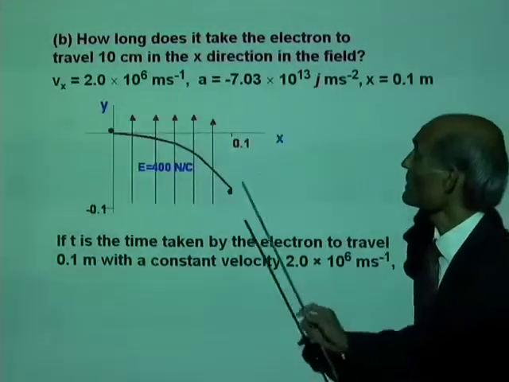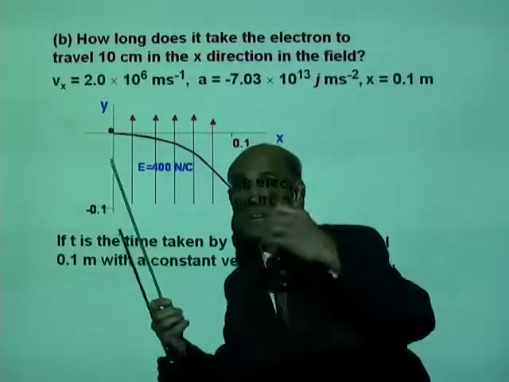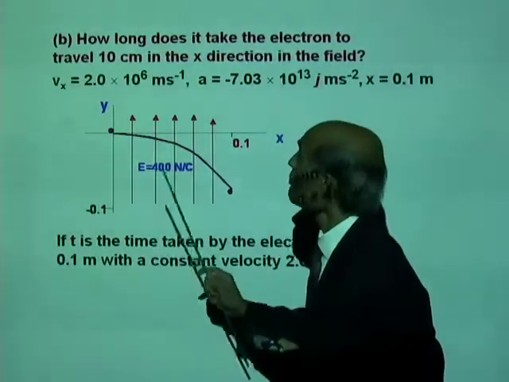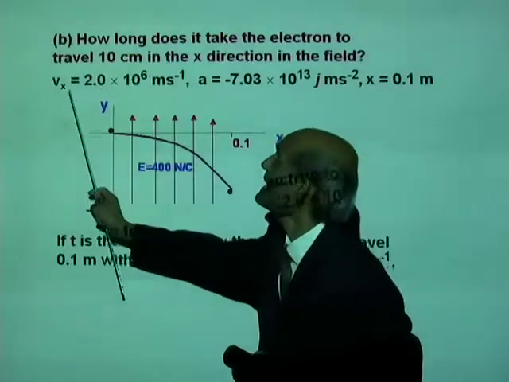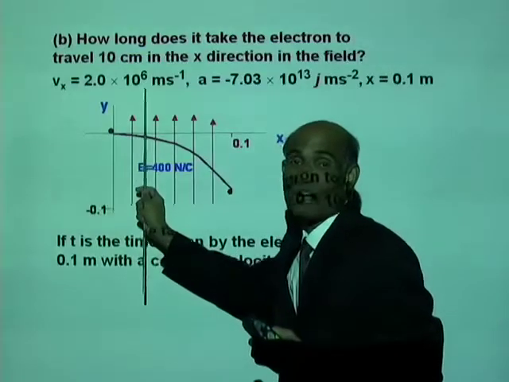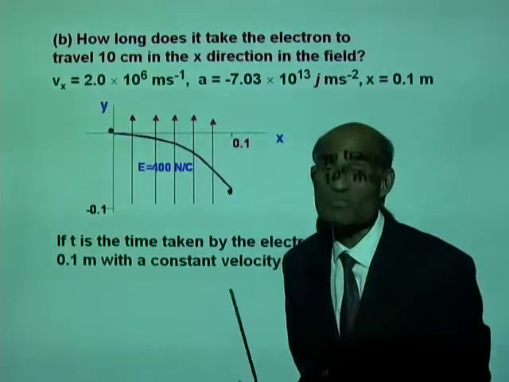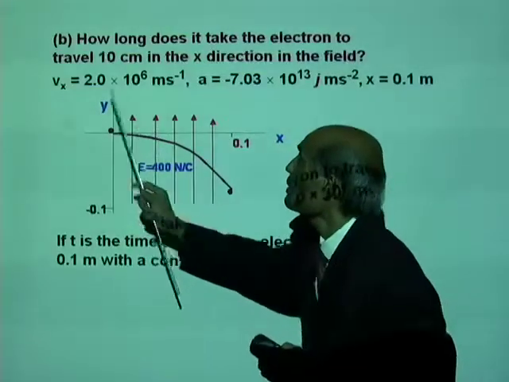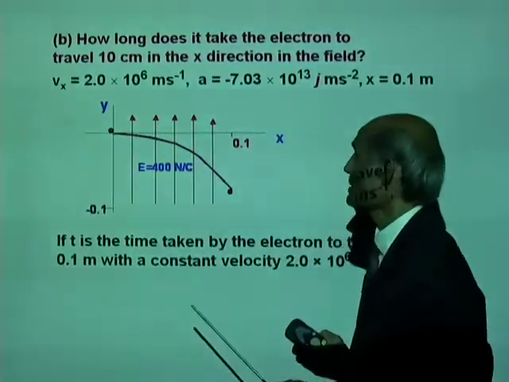And now, with that acceleration, the electron is falling. But, before that, we must say the x velocity. The electron has an x velocity which does not change. The electron is going to travel in the x direction with that uniform velocity.